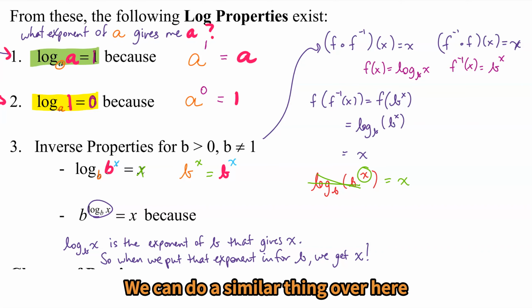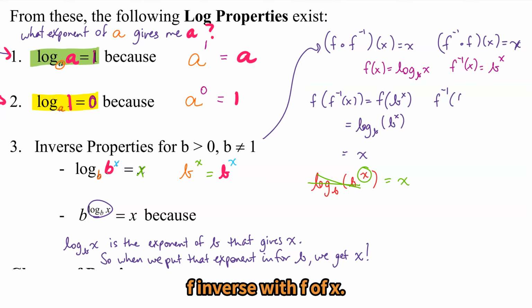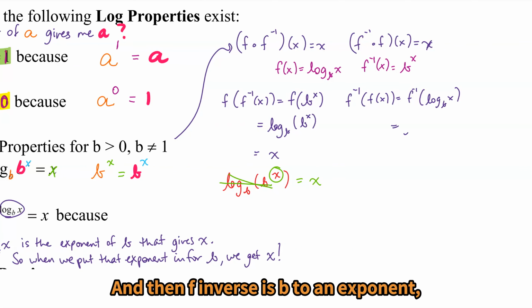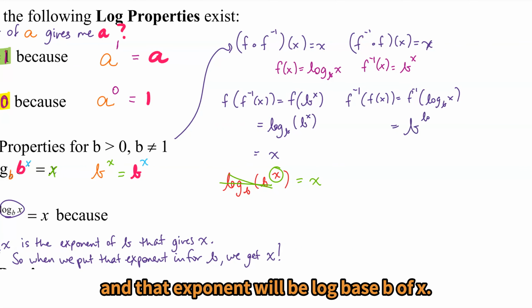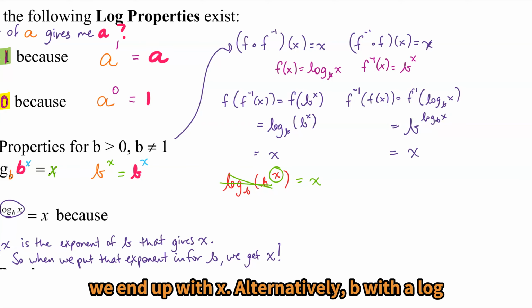We can do a similar thing over here with f inverse composed with f of x. This will give us f inverse of log base b of x. And then f inverse is b to an exponent, and that exponent will be log base b of x. And then because we composed a function with its inverse, we end up with x.